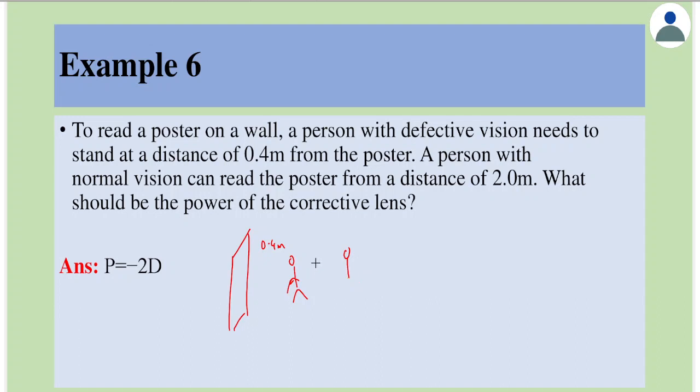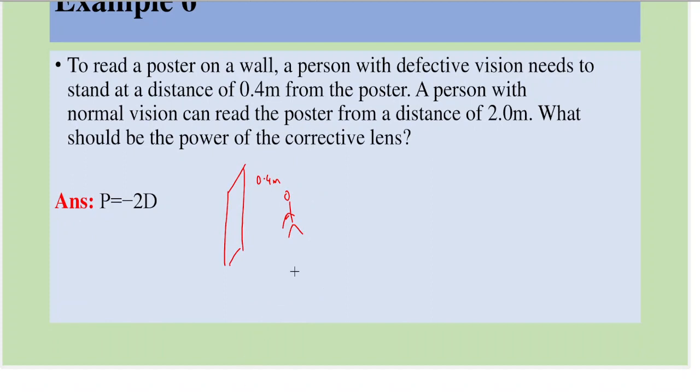That means that the person has short-sightedness. Again, a person with normal vision can read the poster from a distance of 2 meter. So if this is the poster, a normal person can read from here.